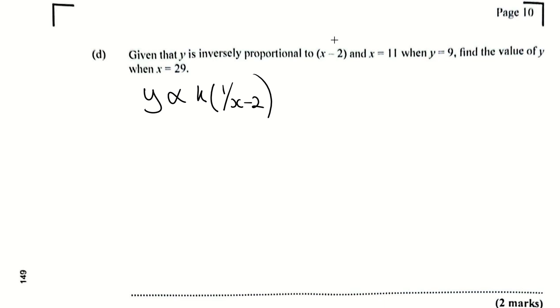So now let's see what they say. When x is 11, y is 9. So let's put that in. Oh, sorry guys, this k is not supposed to be here.